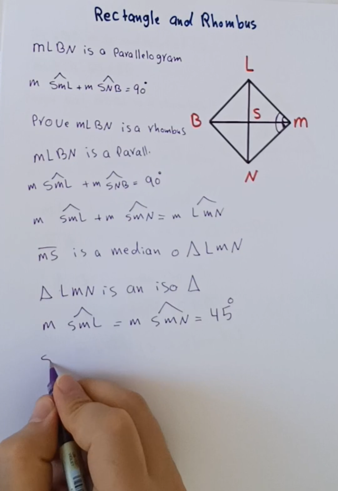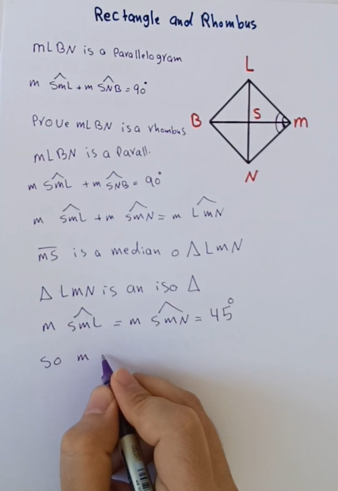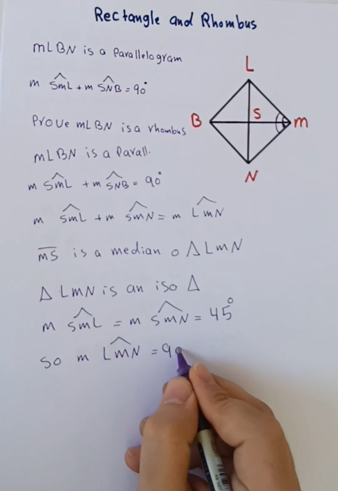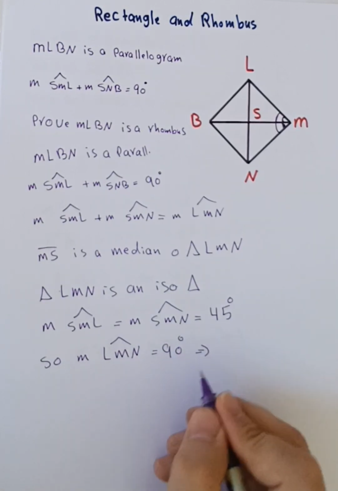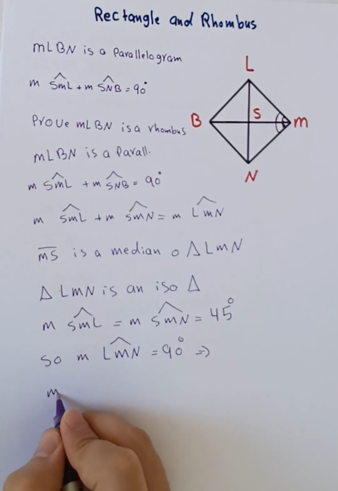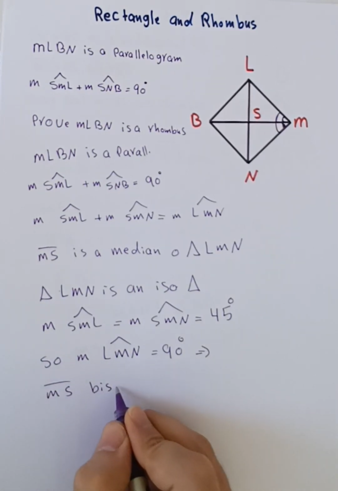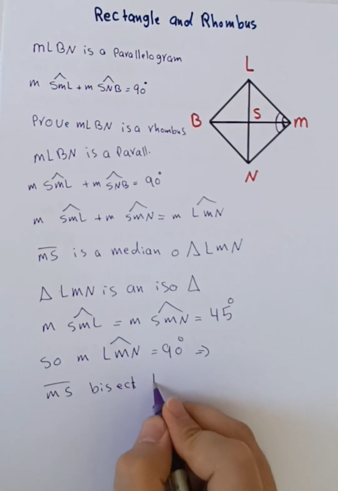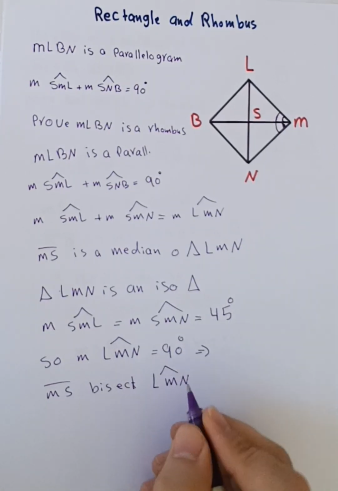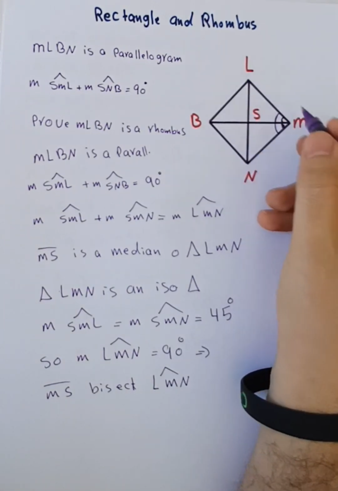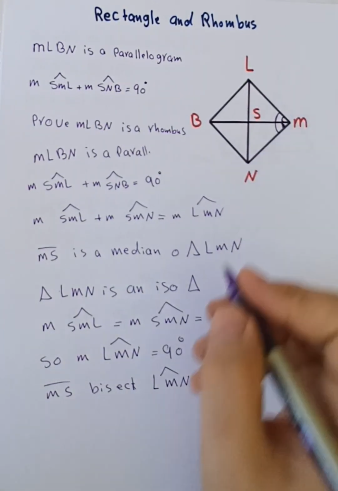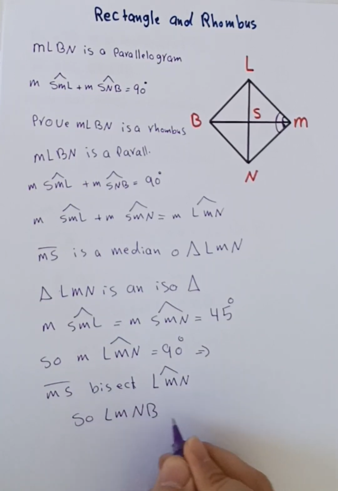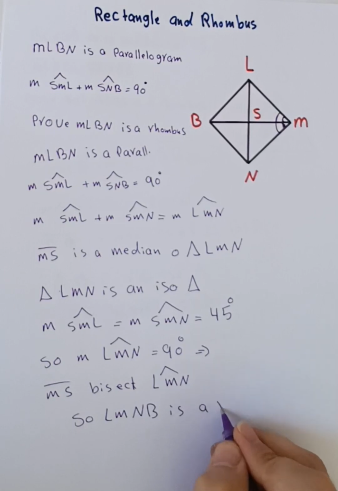So you can say the measure of angle LMN equal to 90, and MS bisects LMN, so MLBN is a rhombus.